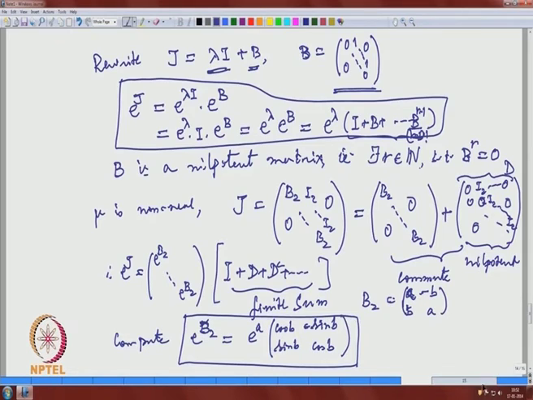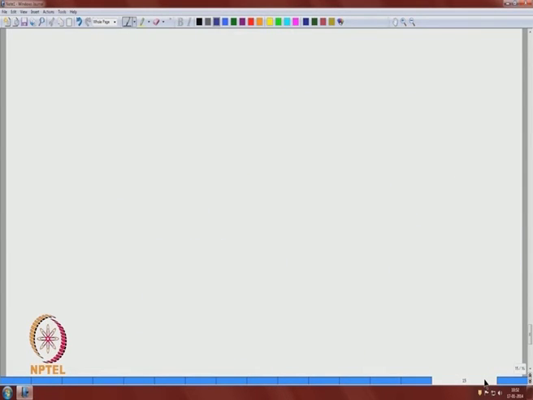Okay. So, finally, let me take this theorem. You just combine all these things. Suppose the spectrum of A is a subset of lambda in C such that real part of lambda is strictly less than 0.